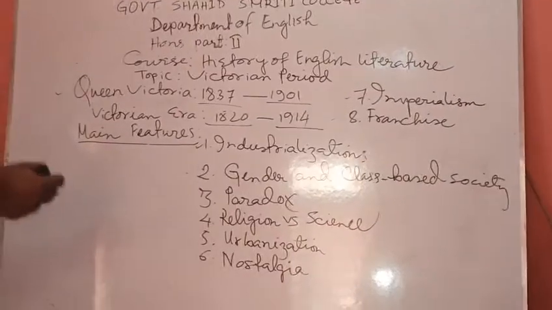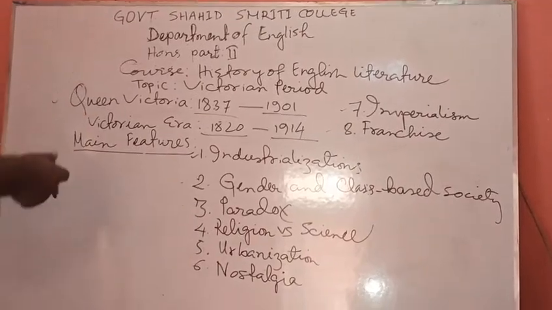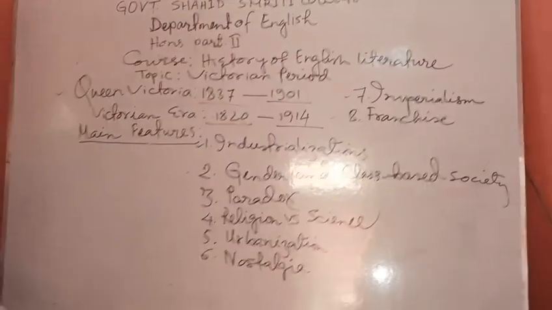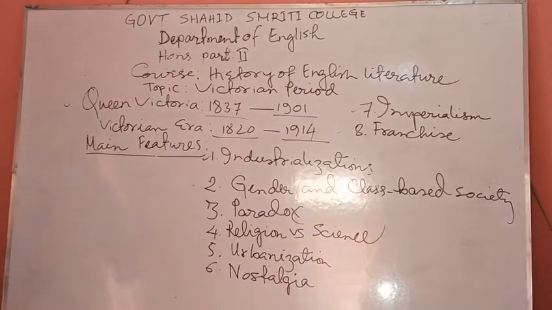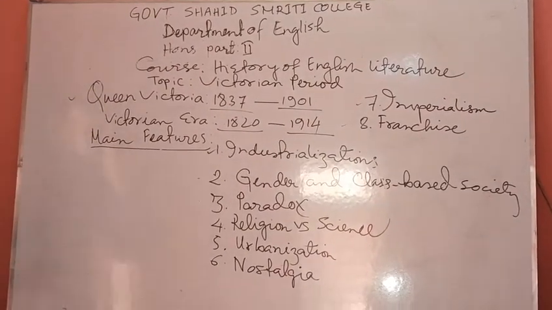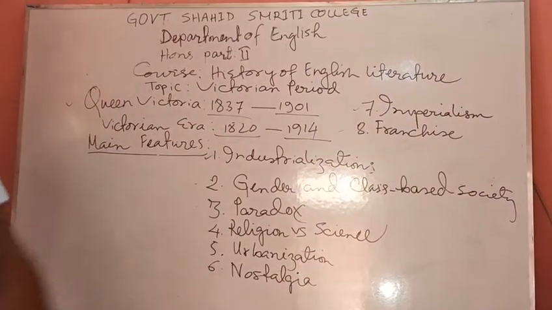Actually, most of us don't know when these things were invented. Yes, it was in the Victorian period that those gadgets were produced by the Victorian people, Victorian scientists.